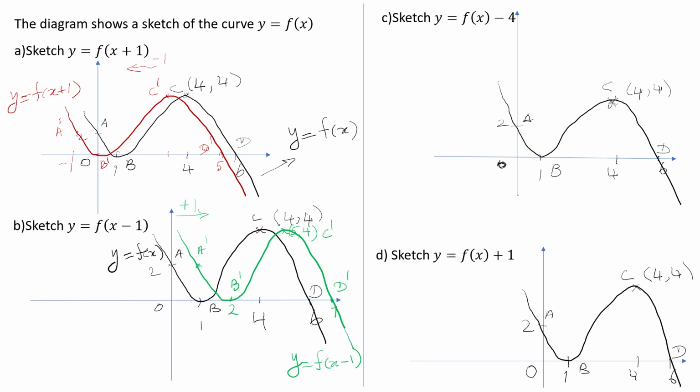So the graph shifted in the y direction down by 4. So the y coordinate here is 2, so the new coordinate is -2. This is A dash.